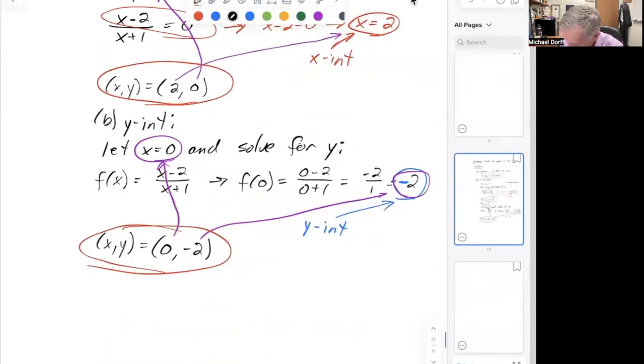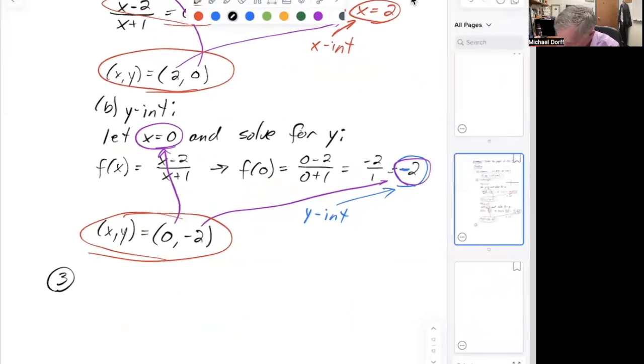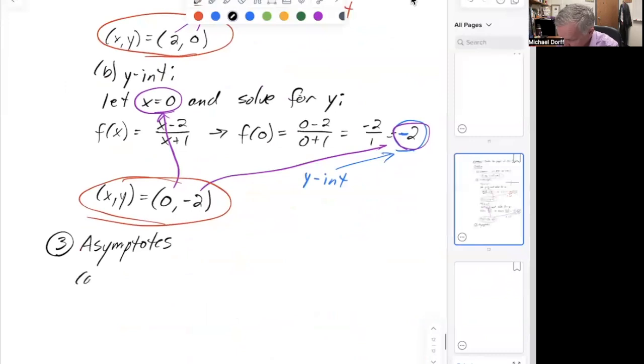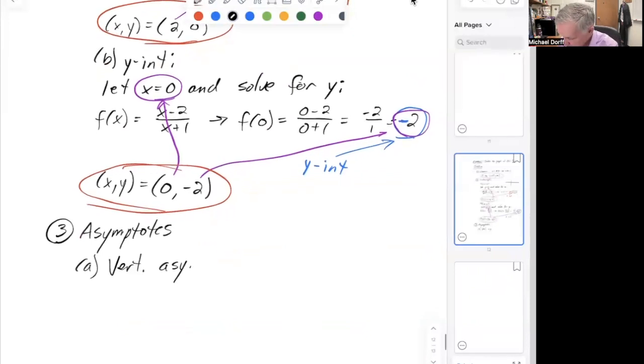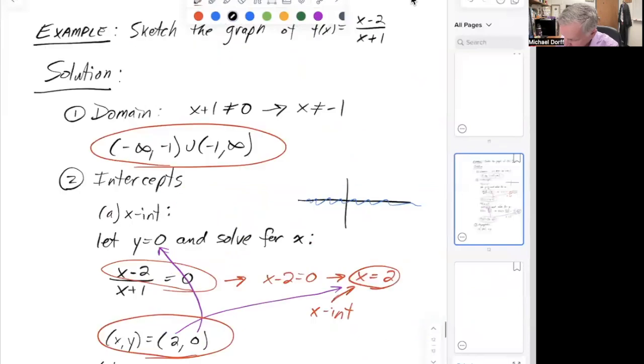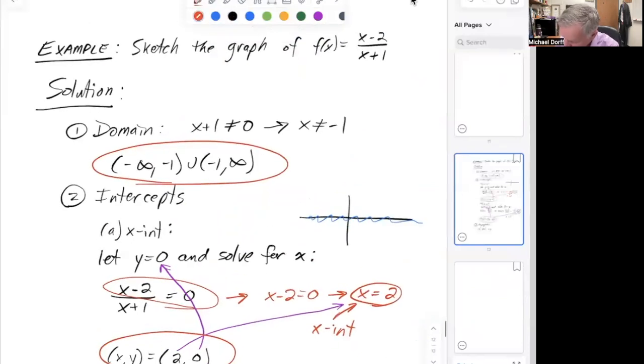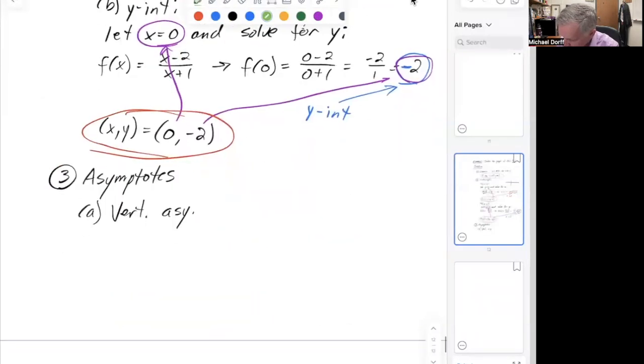All right, the third thing that we talked about looking at were the asymptotes. So we have vertical and horizontal asymptotes. We have a vertical asymptote where the denominator can equal 0. And we saw earlier that in this case, x cannot equal -1.